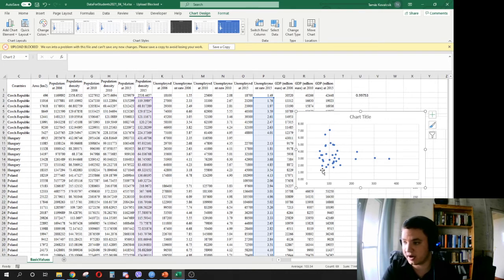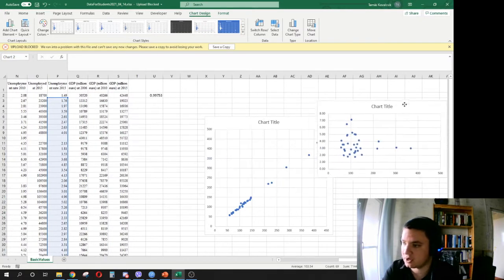These are the rural area, and we have the high percentage of unemployment rate in the rural area, but we have a very low unemployment rate in the rural area as well. In the urban area, we have a moderate unemployment rate.